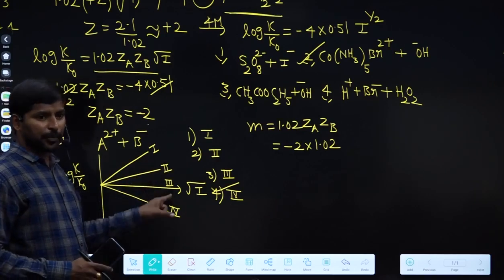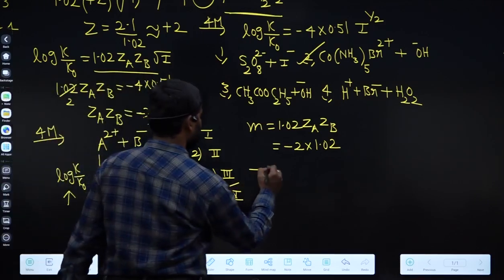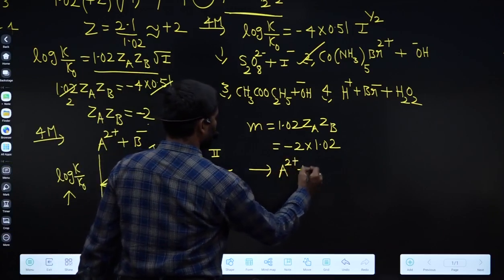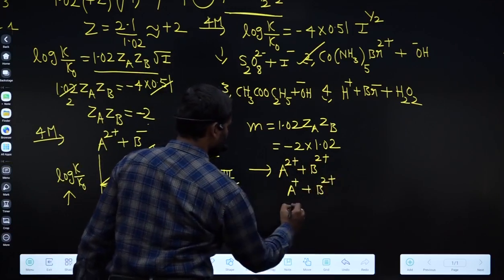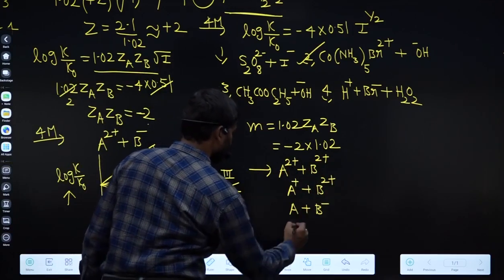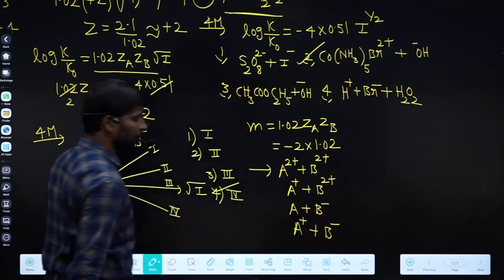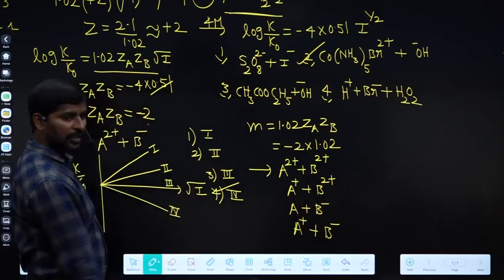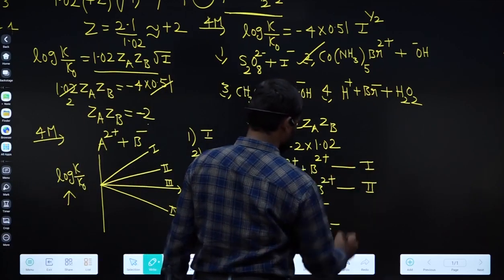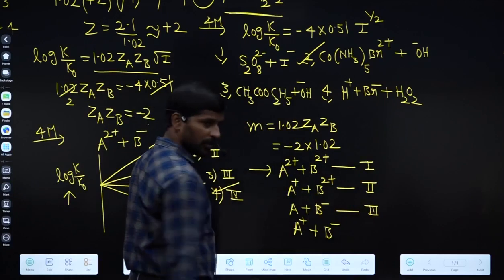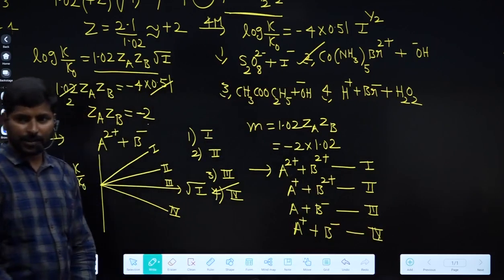Sometimes they give a matching type of question. For example, A2 plus with B2 plus, A plus with B2 plus, A plus with B minus. The first curve corresponds to the first one, the second curve to the second one, the third to the third, and the fourth to the fourth.